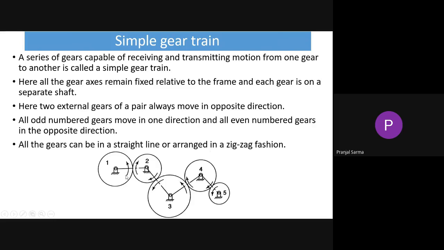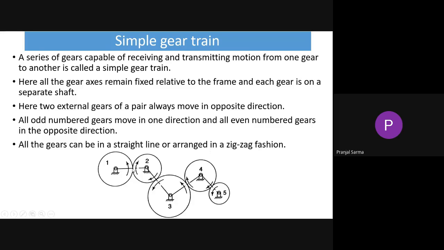If one is rotating anti-clockwise, gear 3 will also rotate anti-clockwise, the 5th will rotate anti-clockwise, and 7 also will rotate anti-clockwise, and so on. Similarly, all the even numbered gears 2, 4, 6 will rotate in the other direction.